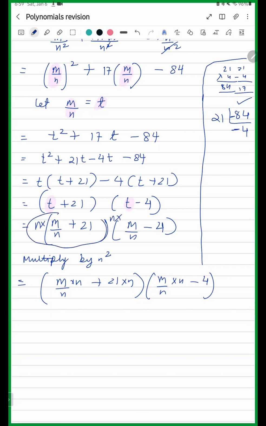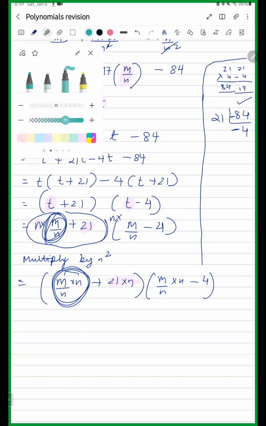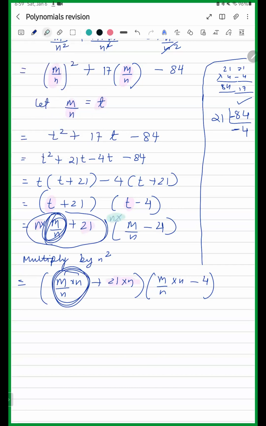So this n is multiplied by m by n also, which we have written over here. And the same n is multiplied with 21 also, which I have written over here. Okay. Then similarly, here this n is multiplied by this m by n, which I've written over here. And this is multiplied by 4, which I've written over here. 4n, I should have written it. 4n.